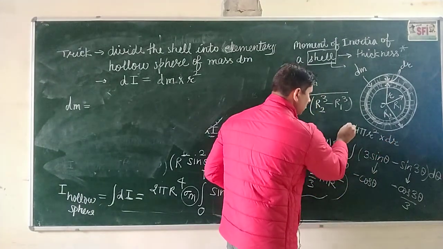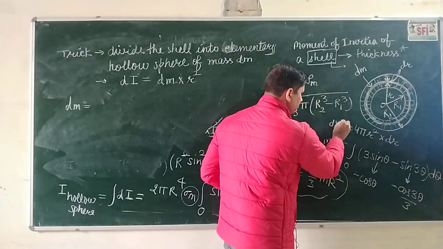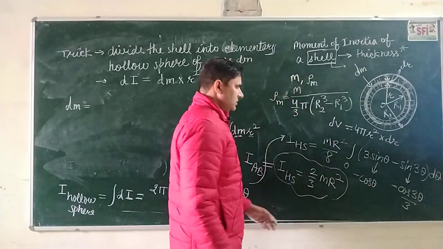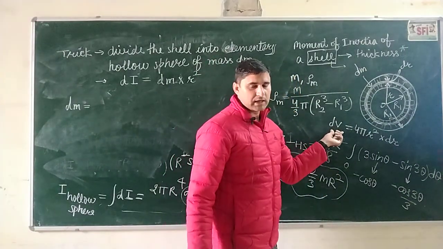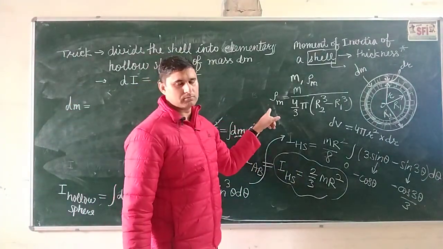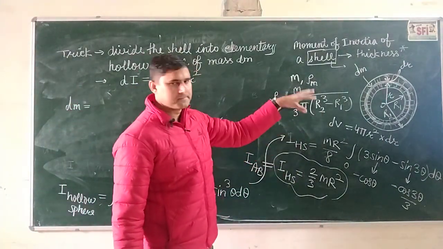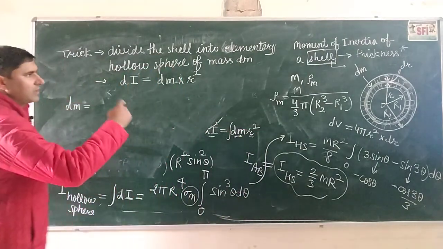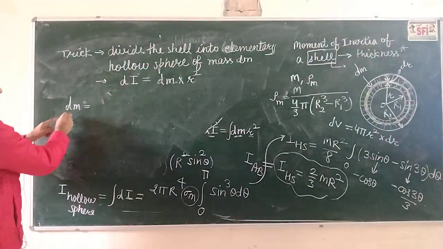So this will be the volume, dV, I am writing here. This is the volume of this elementary hollow sphere, and if you multiply it by the volume mass density, then you will get the mass of the elementary hollow sphere, that is dm.